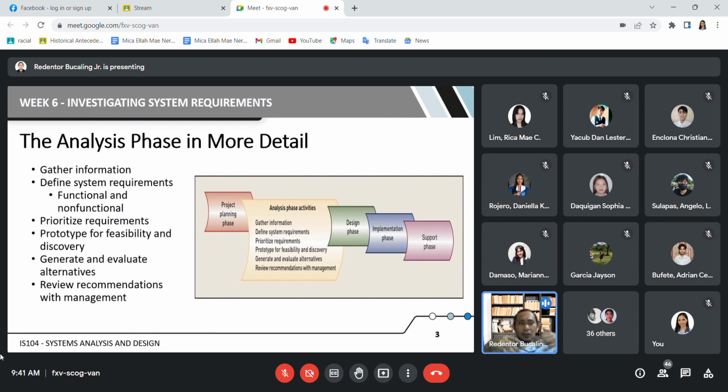Meron kayong mga prototype, you need to show them those prototypes, na basically based on those prototypes, yung mga stakeholder nyo or the user may adapt, not all but some, and then pwede rin po silang mag-suggest. So of course, if you're going to do that, you can think outside of the box. So you can think creatively outside of the box.